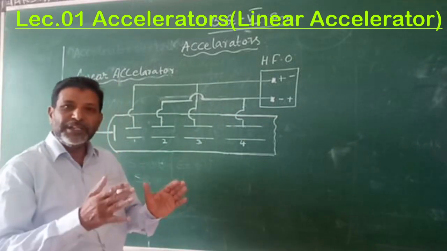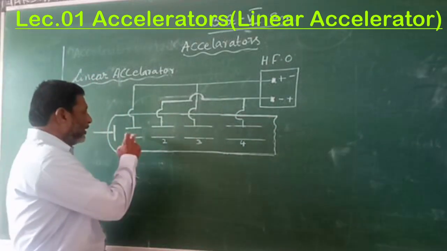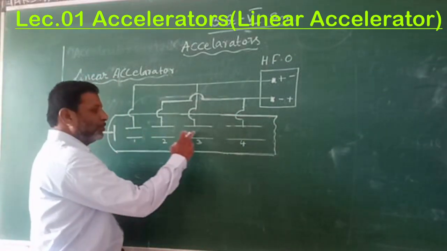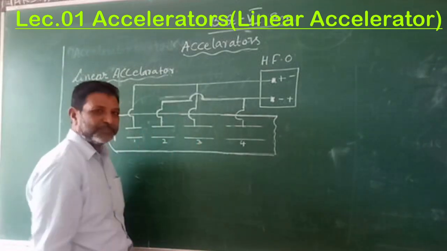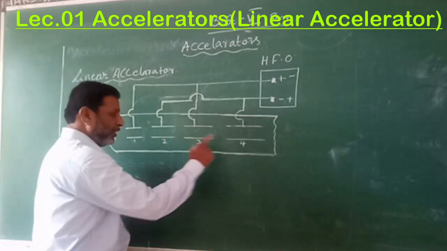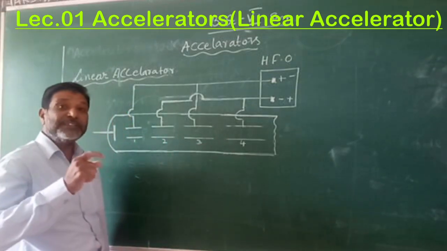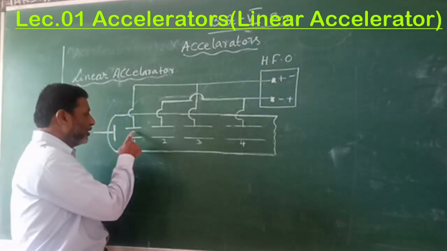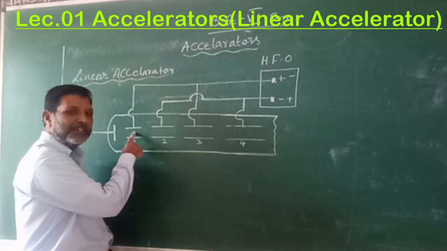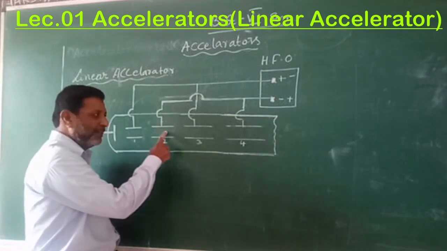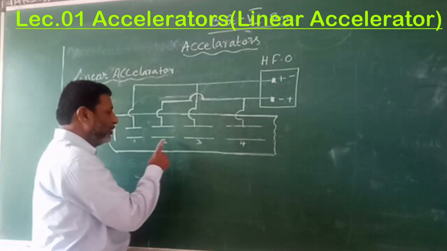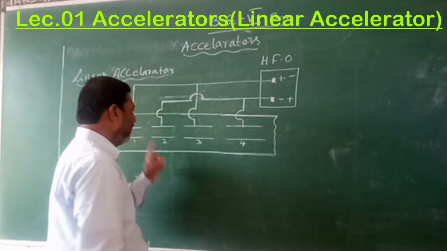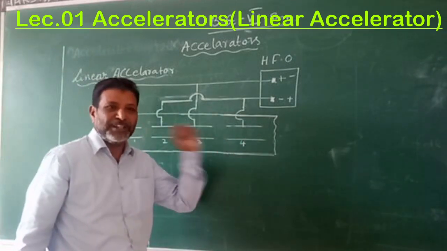It is totally evacuated, in which a number of hollow cylinders of increasing length are fixed. You are observing that the length of the first cylinder is less than the second, then the next is still longer. They go from 1, 2, 3, 4, etc. The lengths are gradually increasing in order.